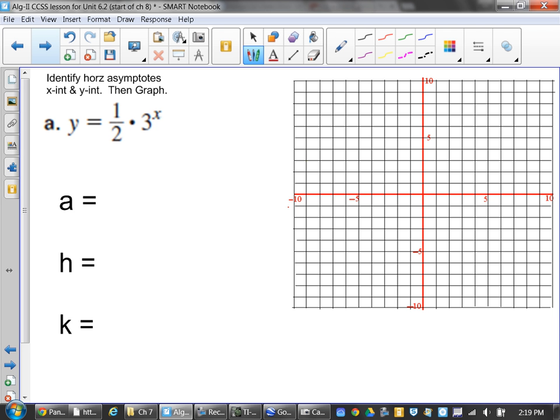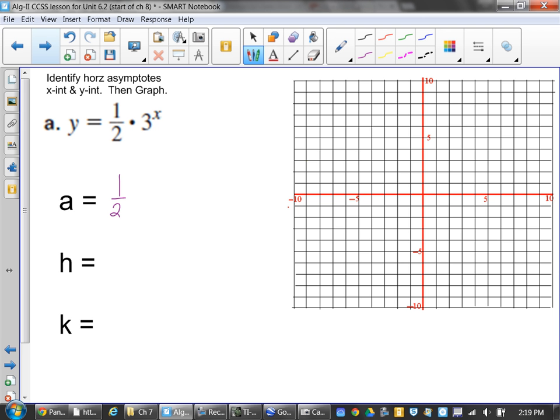So if we're going to plot out y equals 1/2 times 3 to the x, we always start by figuring out A, H, and K. Well, what's A? 1/2. If A is 1/2, where's your y-intercept? At 1/2.